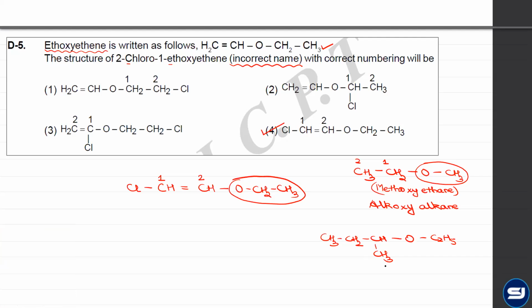Ethoxymethyl propane. Ethoxymethyl propane गलत. Now here comes the rule of longest continuous chain.